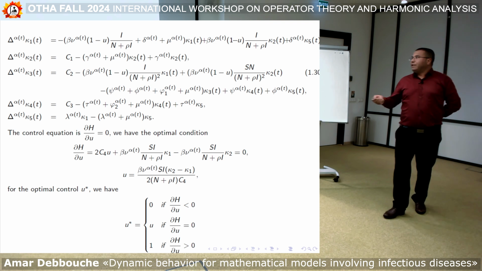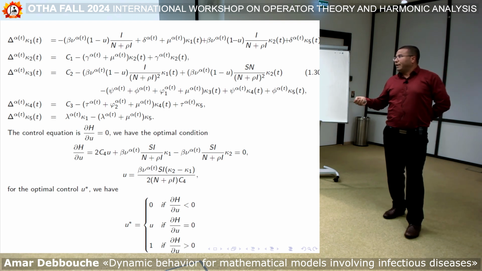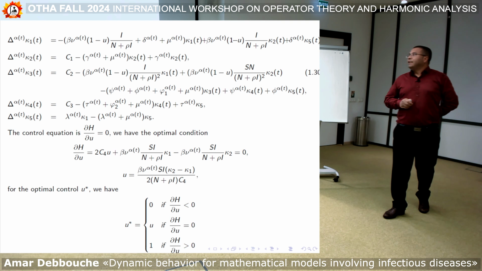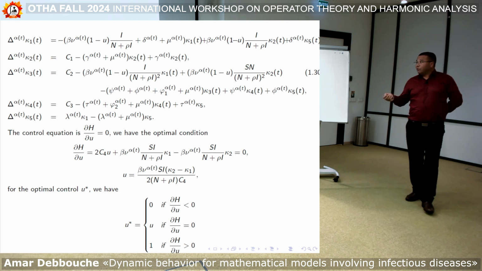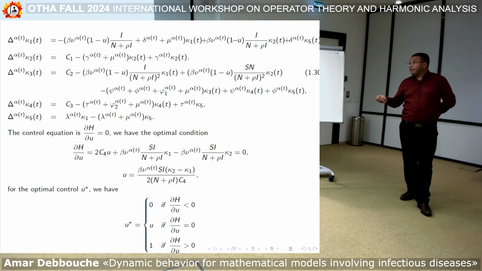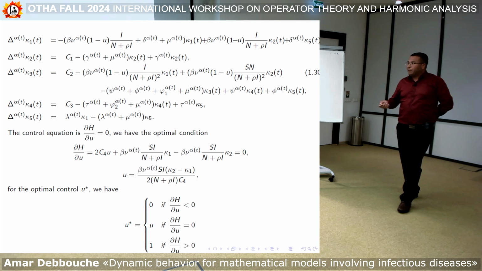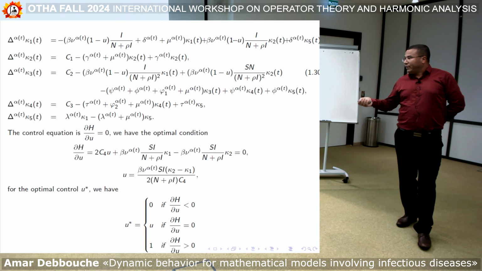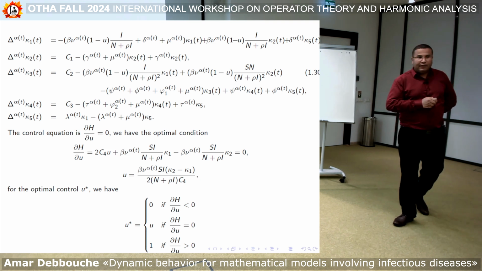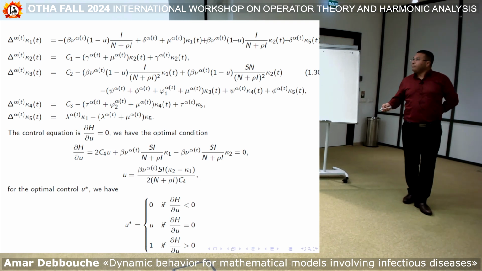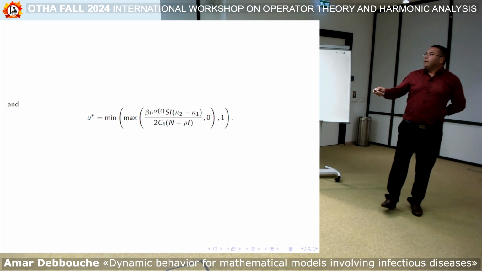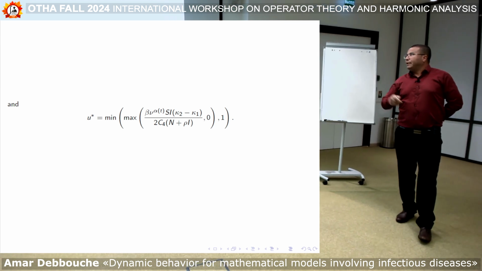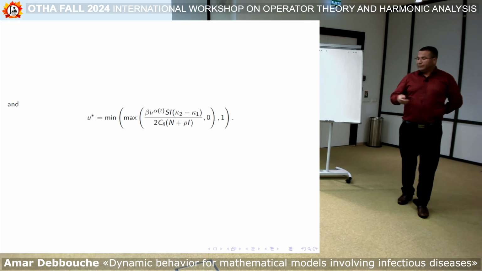The control equation, this one, is satisfied. And we have also the optimal condition, this one. And the control function U takes this form. Also, we have the optimal control U star given with this discrete form, which can be reduced to this one.